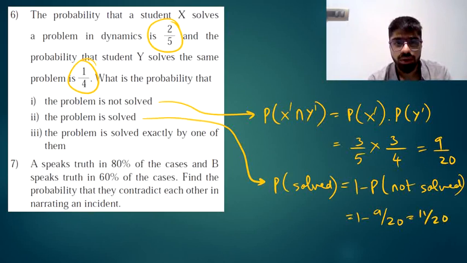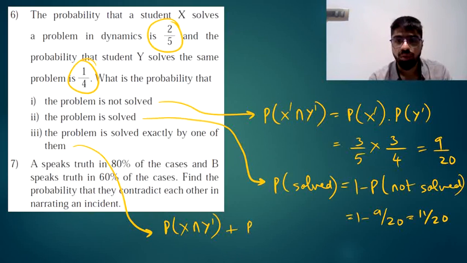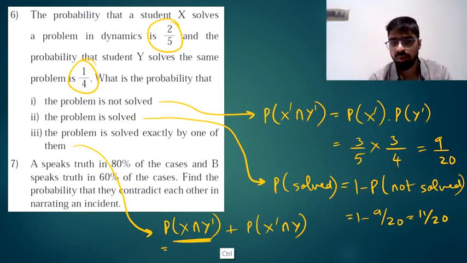Okay, going ahead with the third one, the problem is solved by exactly one of them. So it's like X will solve and Y will not solve, so P of X intersection Y complement, or the probability of X not solving and Y solving, so X complement intersection Y. So multiply the probabilities now.